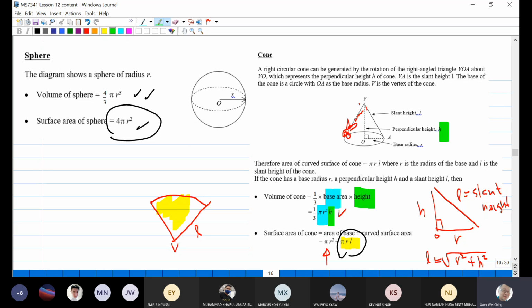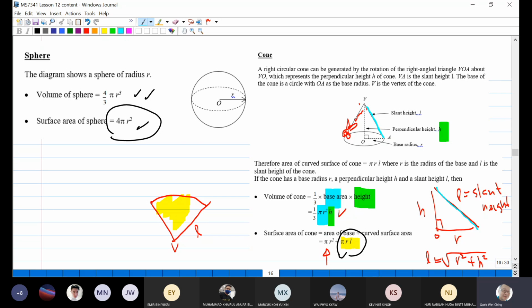So how to find the slant height? Using a right angle triangle, the slant height is the square root of r squared plus h squared, where r is the radius of the base and h is the height. That gives the slant height here.